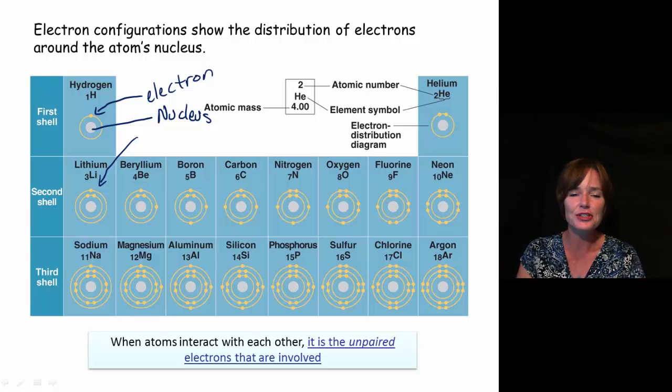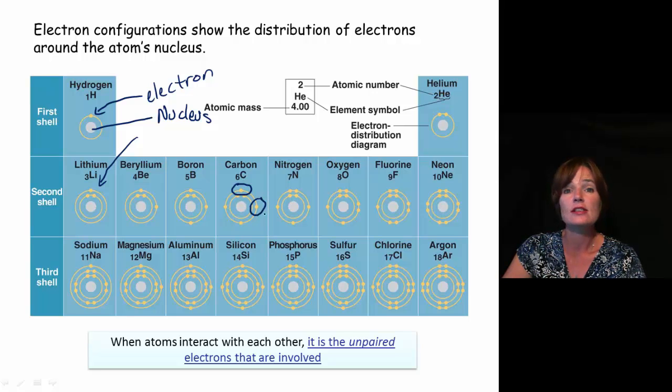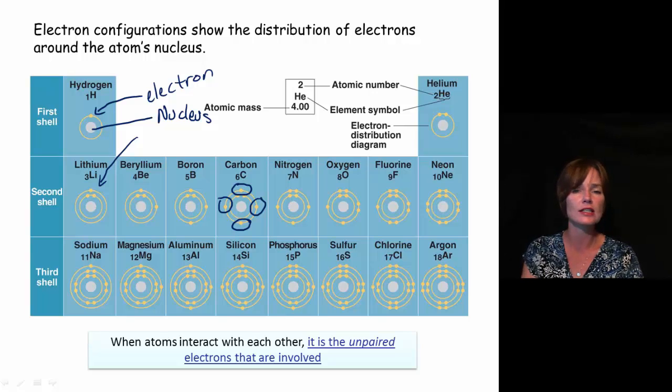That's the way that I like to describe it. So if we look at carbon, notice that carbon's got an electron right here that's all by itself. This electron is all by itself. This electron's all by itself, and so is this one over here. And those are the unpaired electrons that we're referring to. Those unpaired electrons would really like to have a partner right next to them.